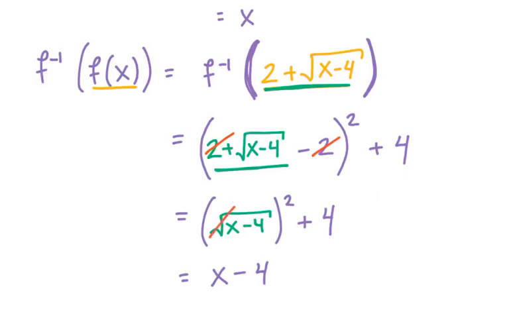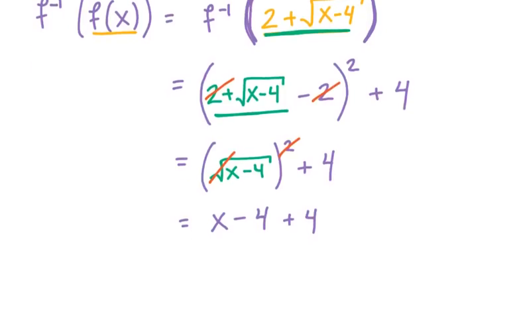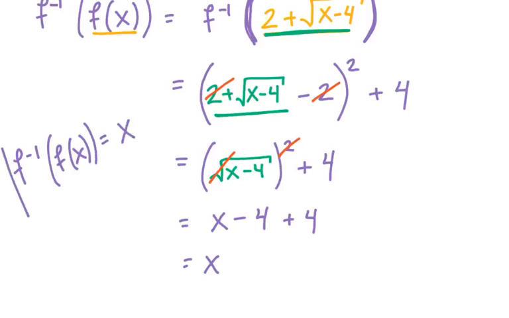So the square and the square root cancel out. And then when I combine the like terms, the two 4's cancel out, so I'm left with just x. So I'm going to summarize again on the side like we did in the last one. So f inverse of f of x is equal just to x.